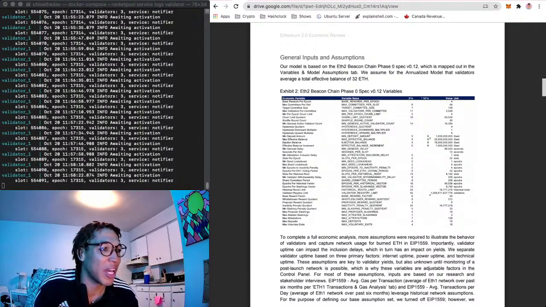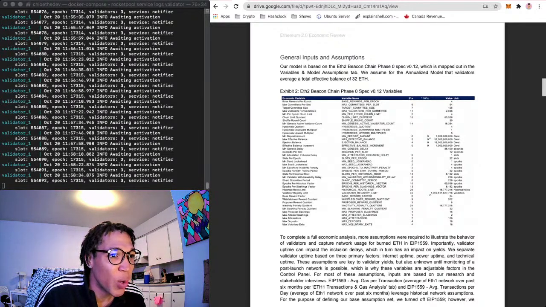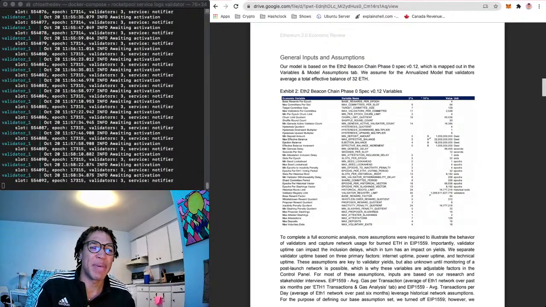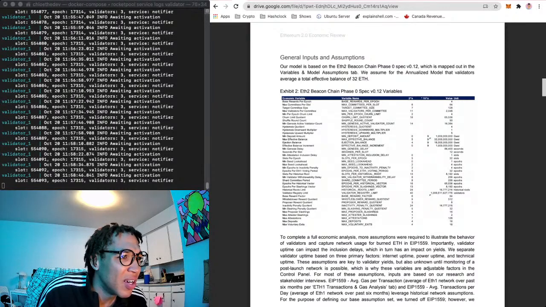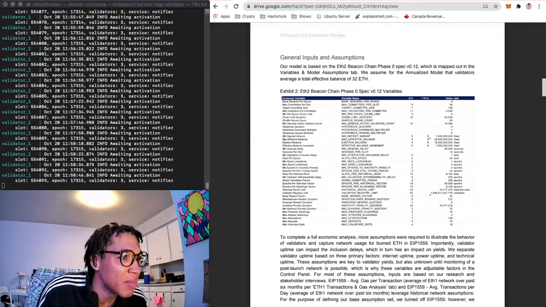Someone explains, okay, the target committee size is going to be 128, but why? So what's the max committee size? If the target committee size is, I think 128 is the minimum actually, so that target is the max. It says max committees per slot.